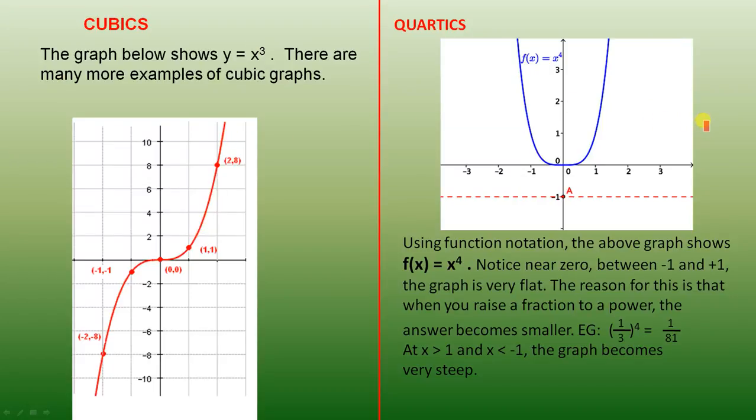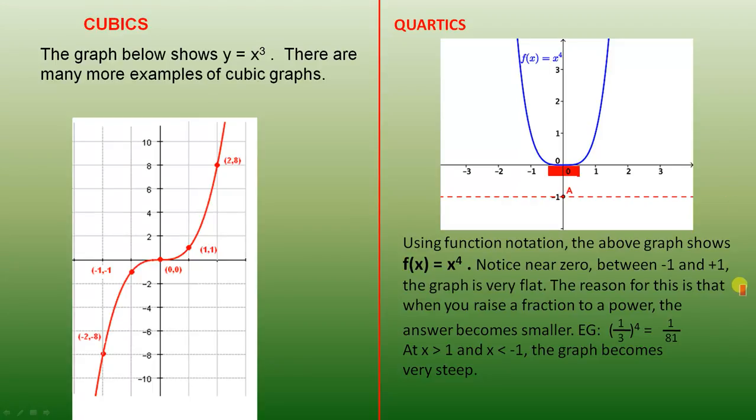Quartics. Using function notation, the above graph shows f(x) equals x to the power of 4. Notice near 0, see that section there near 0? Between minus 1 and plus 1, the graph is very flat.